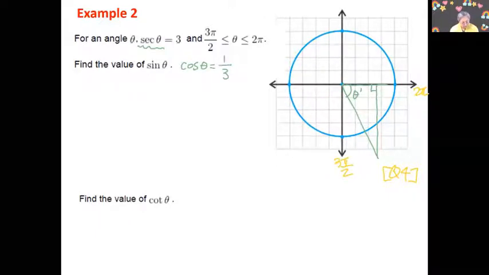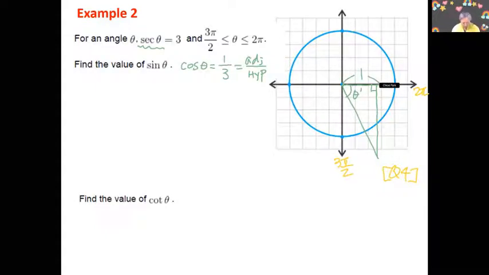So then cosine was adjacent over hypotenuse, right? So where is adjacent? This is adjacent, 1.